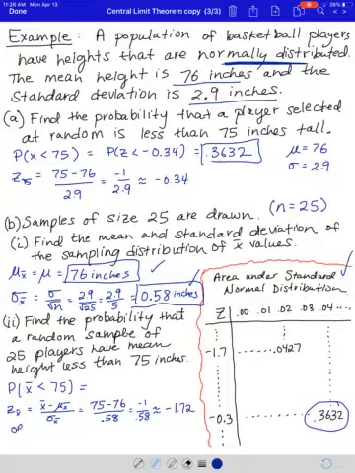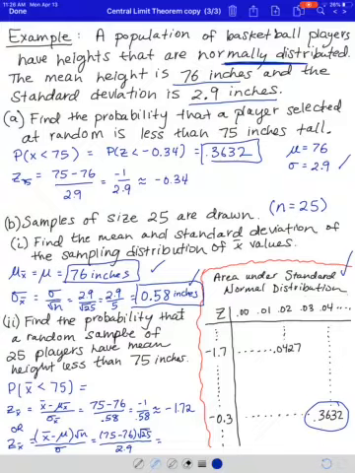Remember our other method, if we want to use our population mean and standard deviation, then what we're going to get is x bar minus the population mean times the square root of n all over the population standard deviation. And if we plug in our numbers, we'll get 75 minus 76 times the square root of 25 all over our population standard deviation, that was this guy here, 2.9.